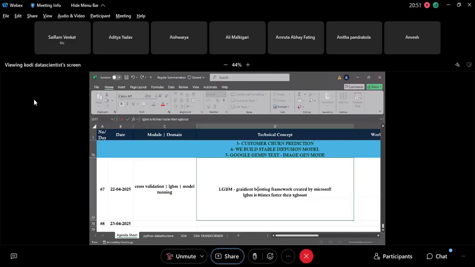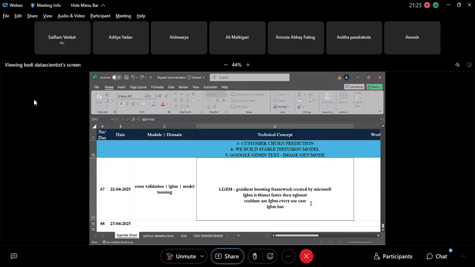So in real time we use LGBM for every use case, isn't it? Great. So in real time we use LGBM for every use case.